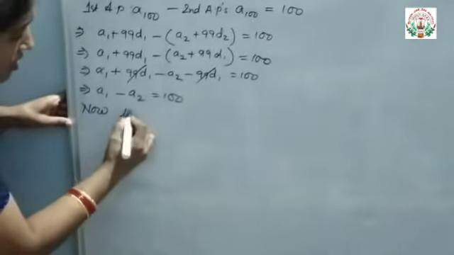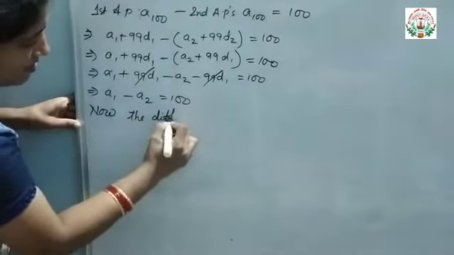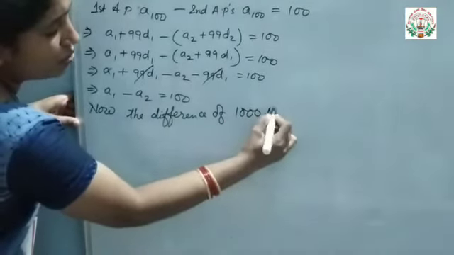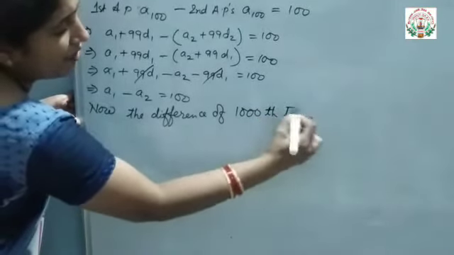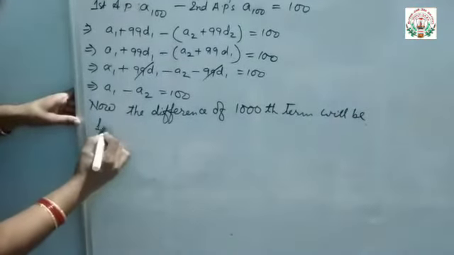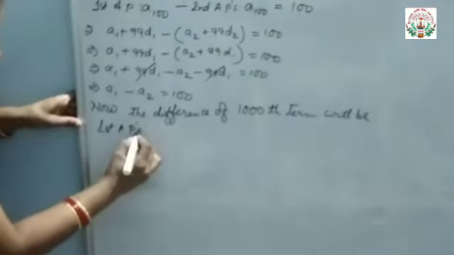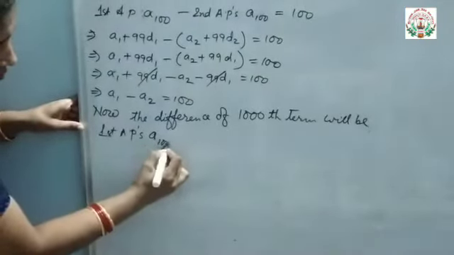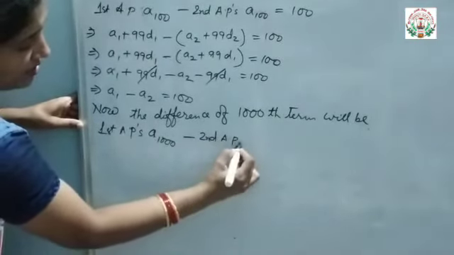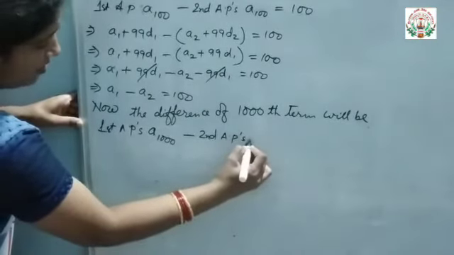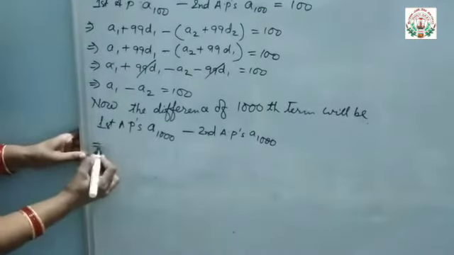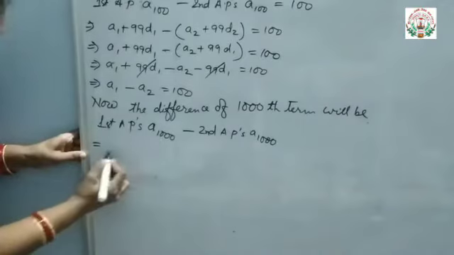Now the difference of the thousandth term will be, you can write here, first AP's thousandth term minus second AP's thousandth term, which is equal to, now find out what this is.